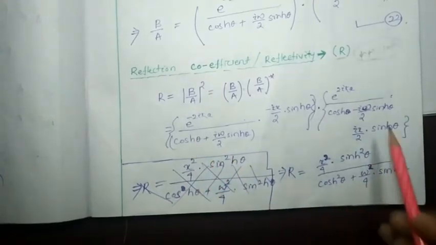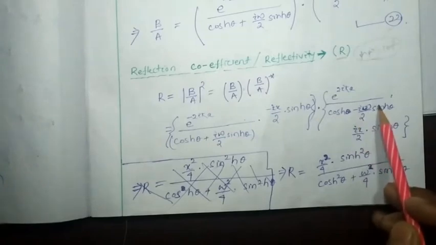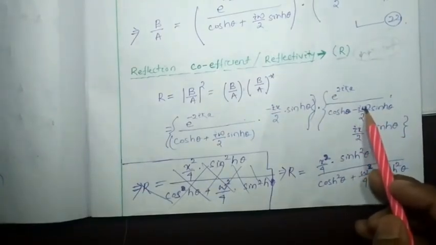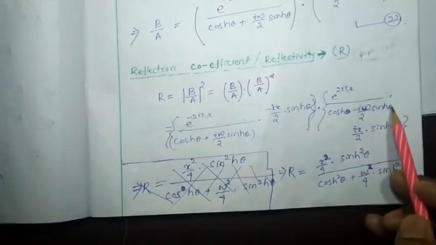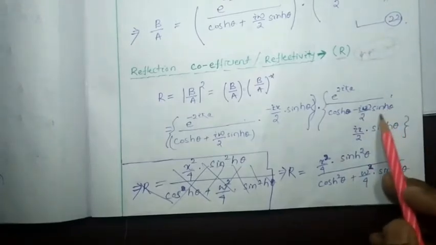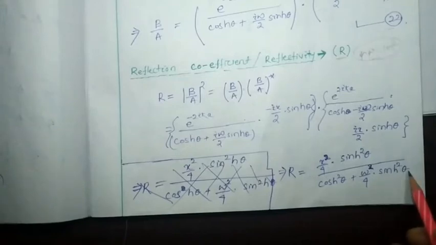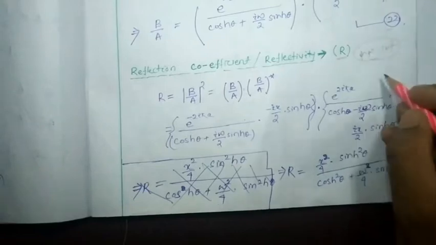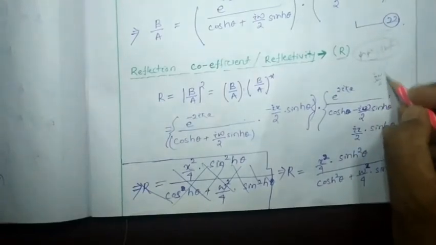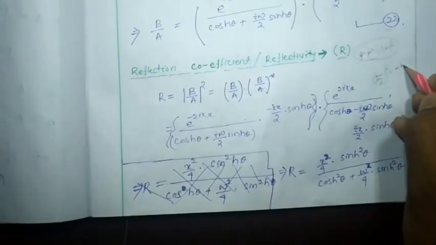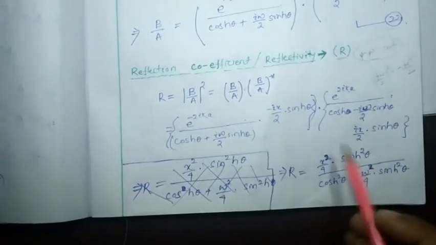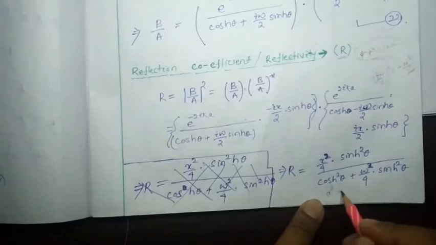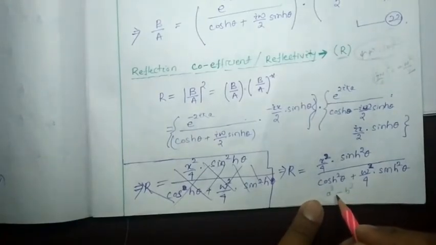Minus i omega by 2 sin h theta whole square. So obviously it will be sin h square theta. I omega by 2 square will be how much? Minus omega square by 4. Already minus will be there because we are considering a square minus b square, so this is the minus.